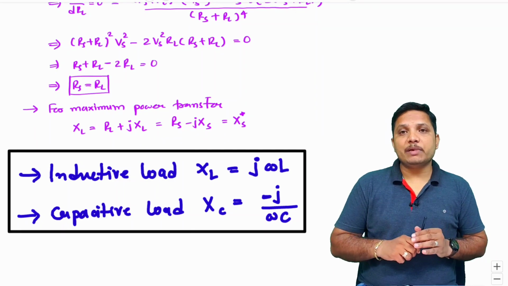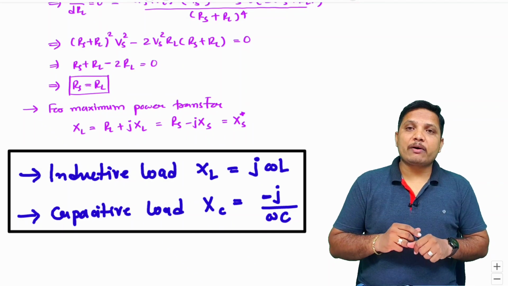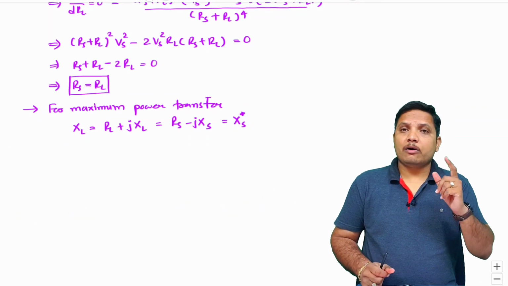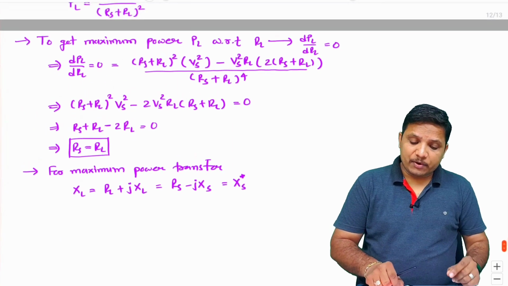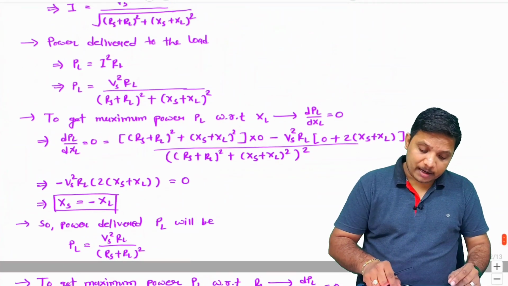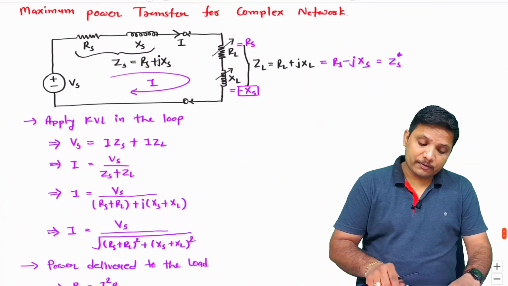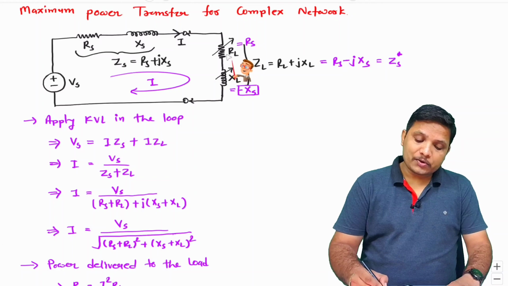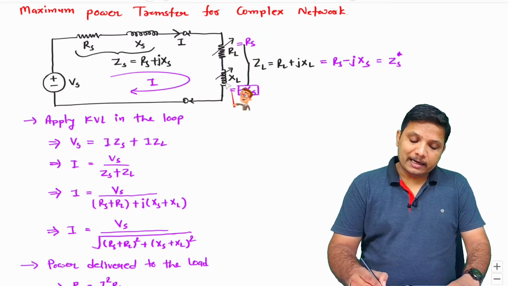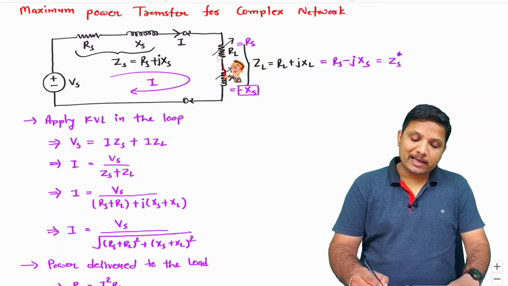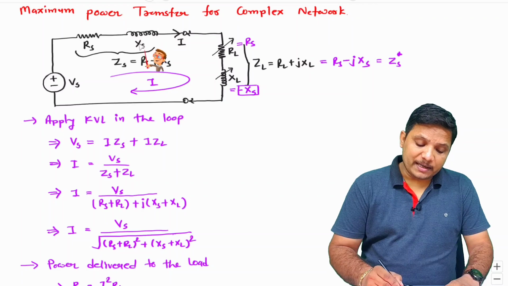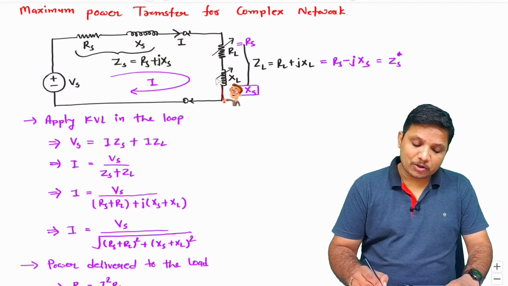See, this is the basic meaning of this maximum power transfer theorem, right? So here all we need to do is, if you want to transfer maximum power in the case of a complex network, then in the load you should have a complex circuit only, in which the resistive element should be similar to the source resistance, and the impedance element should be the complex conjugate.